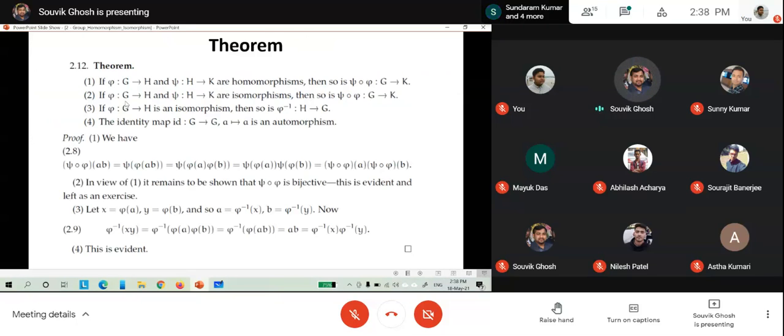And property 2 says that if we have one isomorphism phi defined from G to H, and another isomorphism psi defined from H to K, then we have an isomorphism psi composition phi defined from G to K. Then we can write that G and K are also isomorphic.